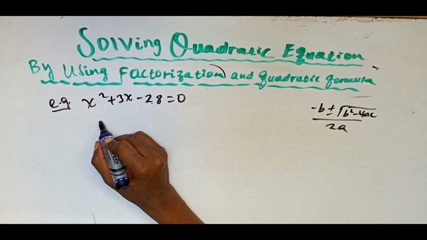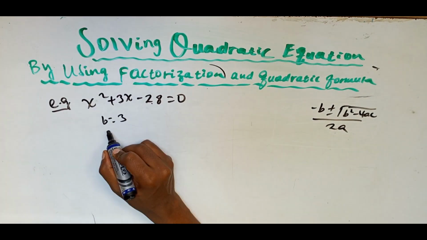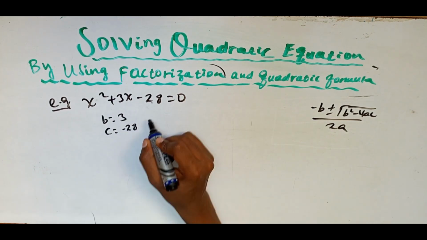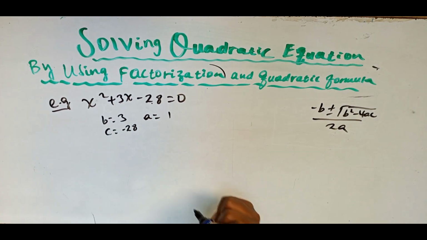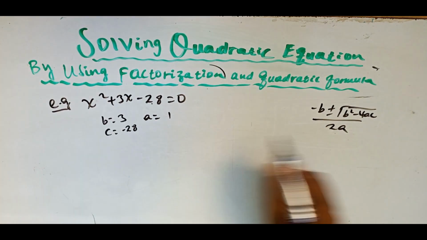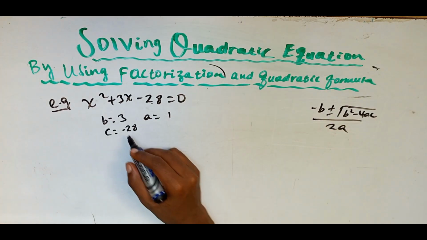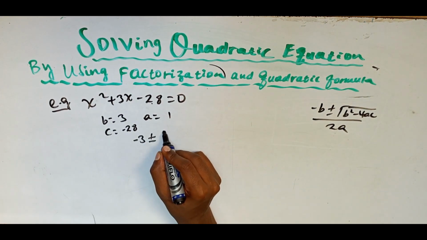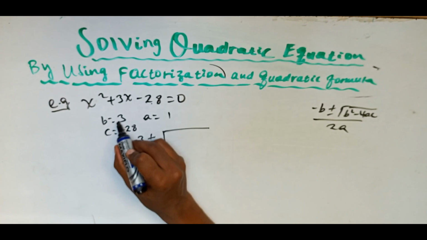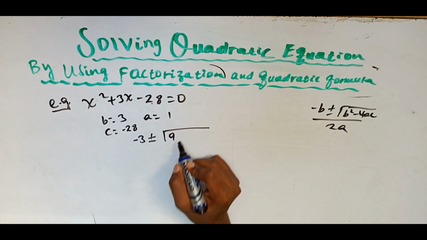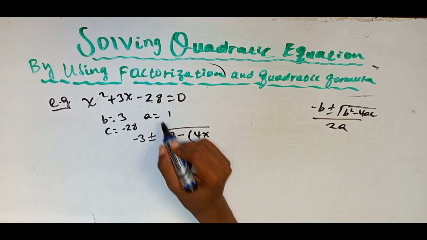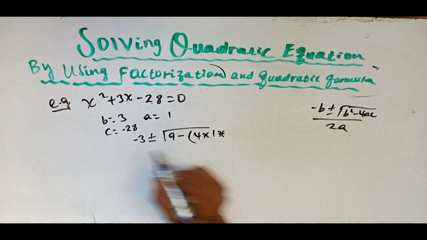So what's the b? b is equal to 3. What's the value of c? Minus 28. What's the value of a? 1. So we have to substitute these values into this equation. So minus b means minus 3 plus or minus under radical of b square means 3 square, which is 9, minus 4 times what's the value of a? 1, times what's the value of c?